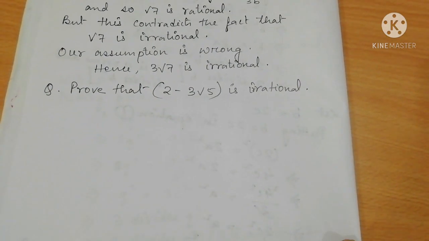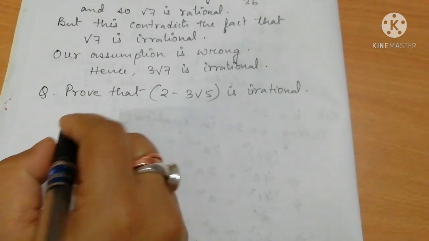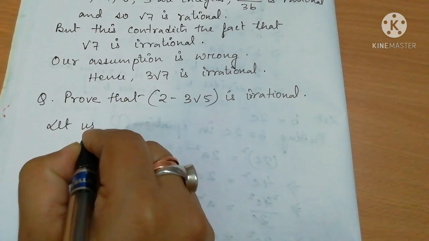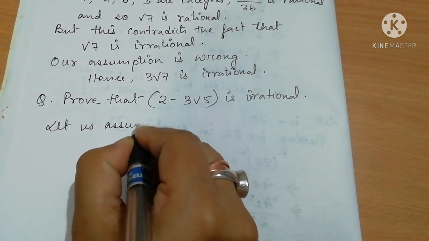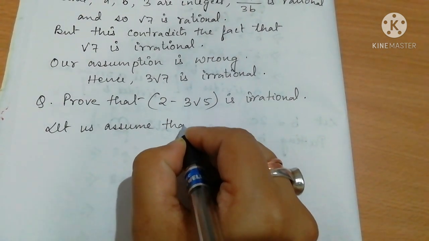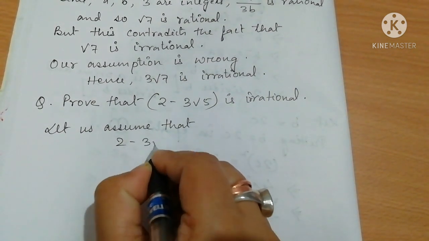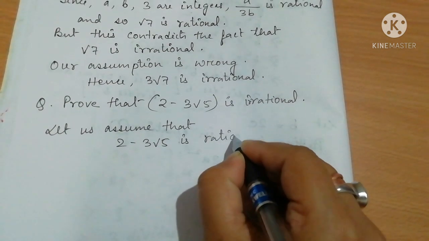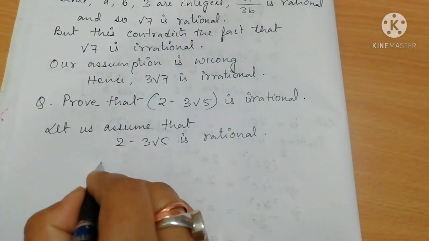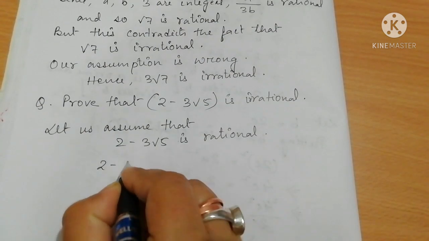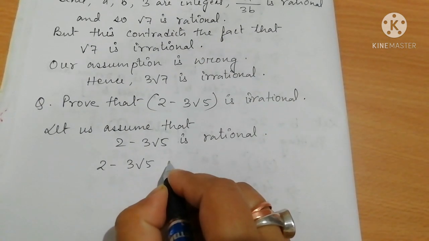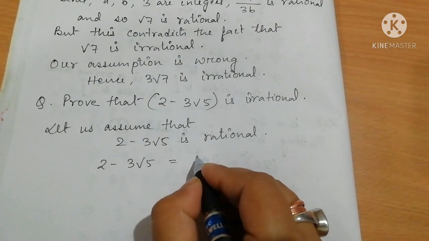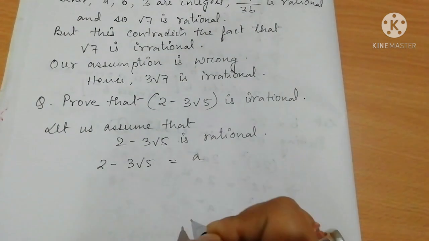The next question, prove that 2 minus 3 root 5 is irrational. So let us assume that 2 minus 3 root 5 is rational. If so, we can write 2 minus 3 root 5 is equal to a.